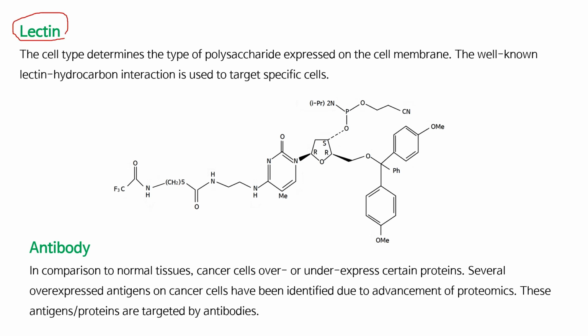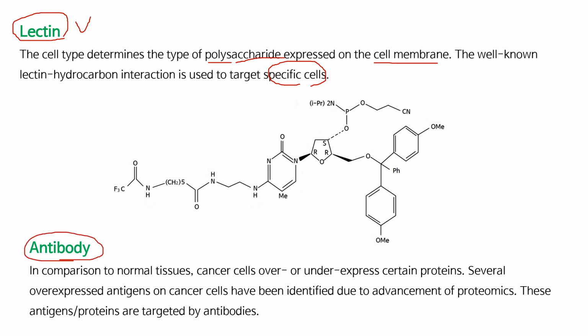Next, lectin. The cell type determines the type of polysaccharide expressed on the cell membrane. The well-known lectin-carbohydrate interaction is used to target specific cells. So we can use lectin for this.